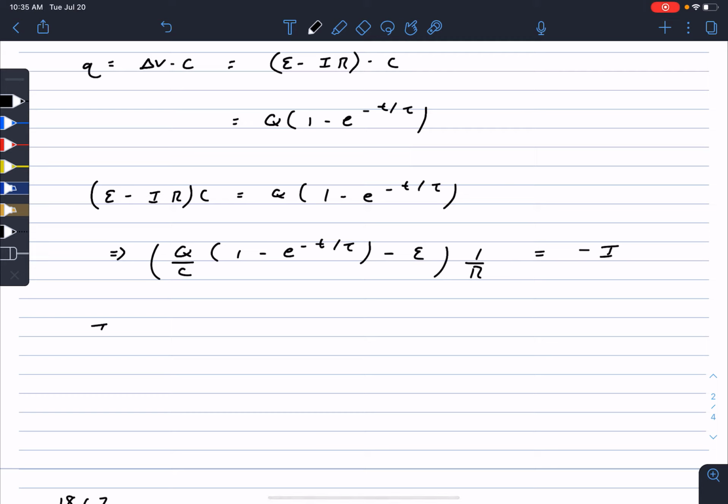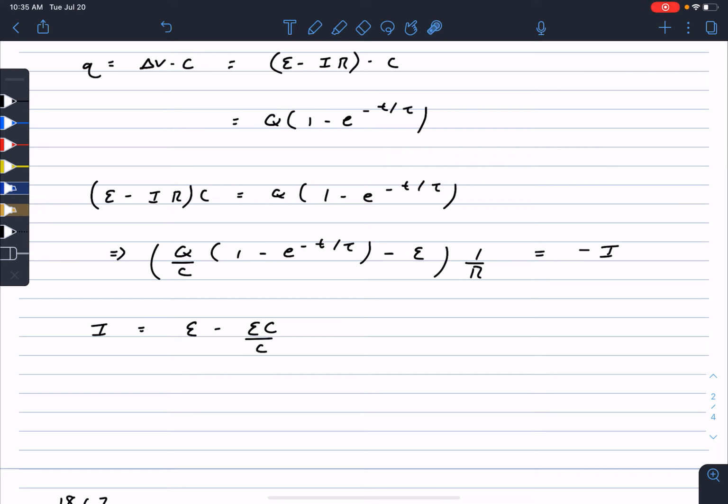So then I is equal to the EMF minus, now remember that Q max was the EMF times the capacitance, so that's EMF times the capacitance, and now we have it over capacitance, right?